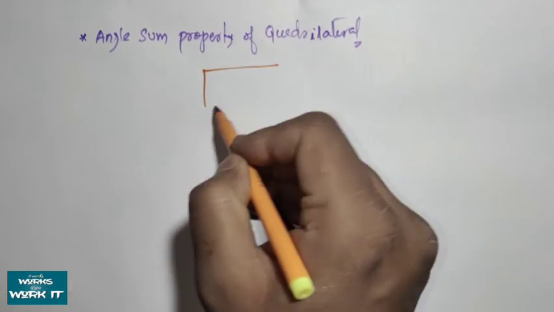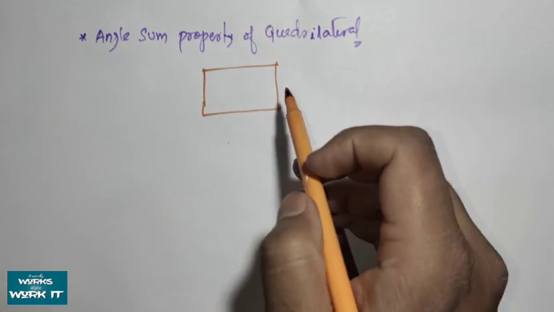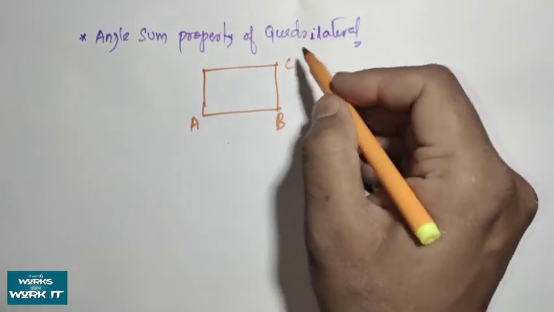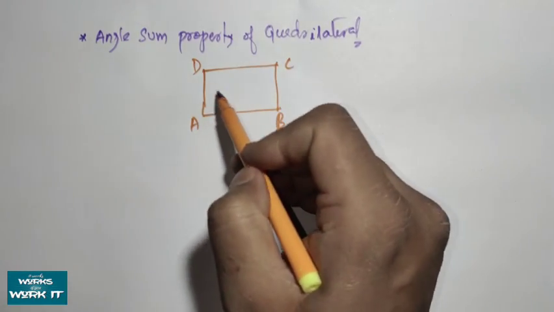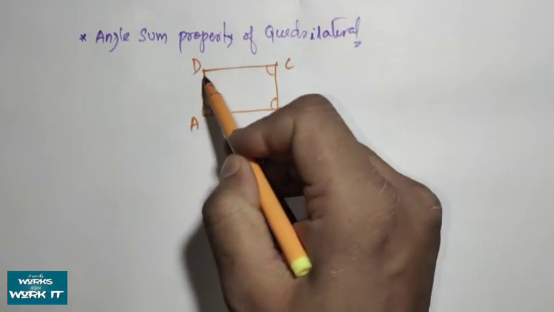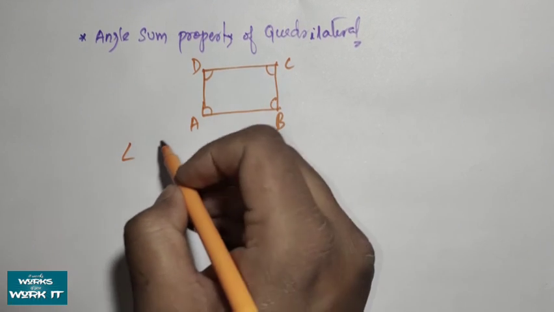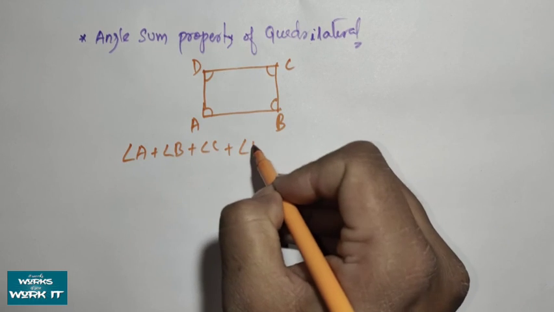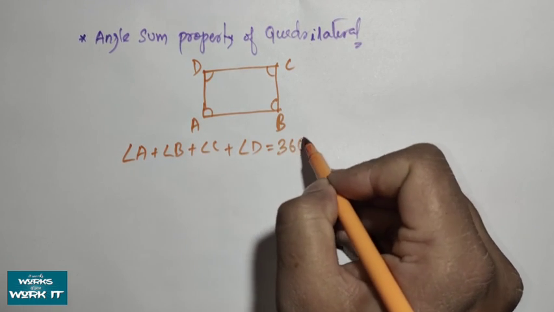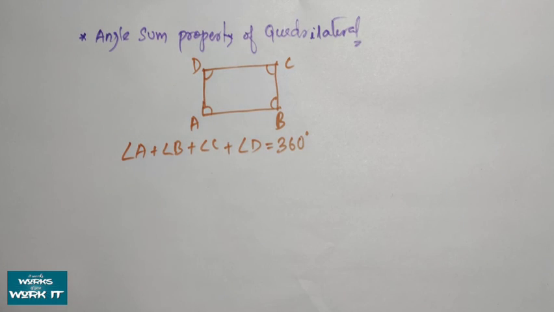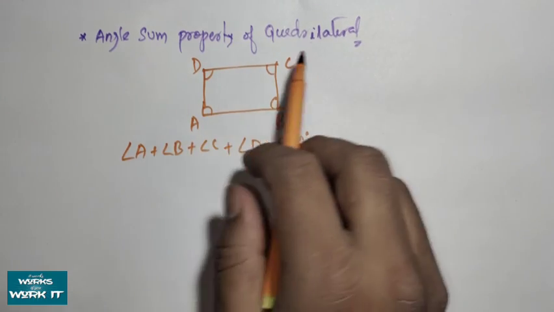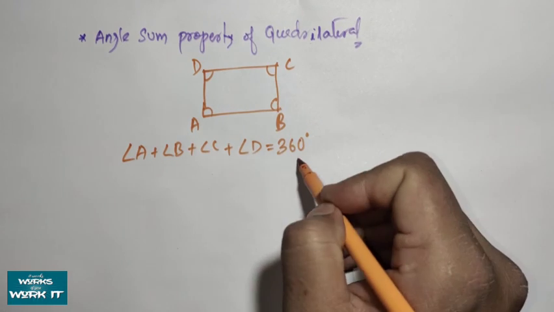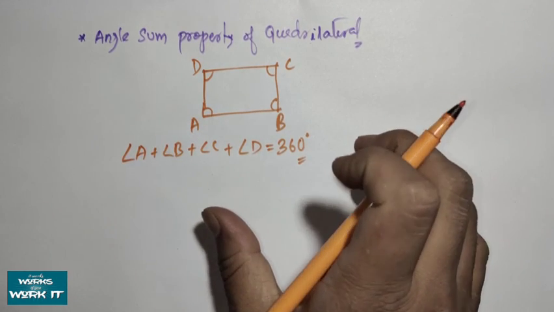If I draw a quadrilateral, any quadrilateral with four sides, and name it ABCD, we have the angles A, B, C and D. If I add all the angles, it will give us a sum of 360 degrees. So this is the angle sum property of a quadrilateral: if I add all the angles of a quadrilateral, they give 360 degrees.